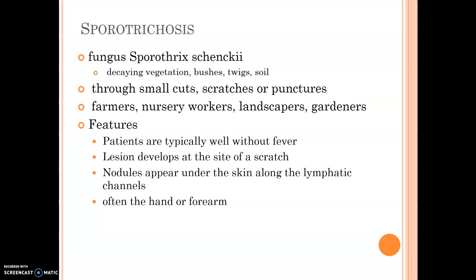That is the typical story. And then the patients are typically well without fever, but the lesion develops at the site of the scratch. And then the typical feature is you can see nodules appear under the skin along the lymphatic channel, usually in the hand because they are using their hands to do the gardening.